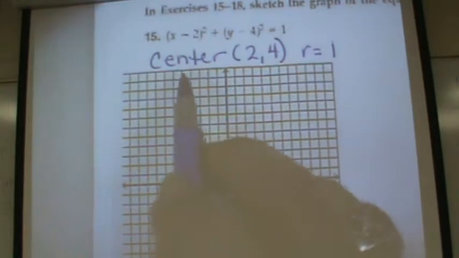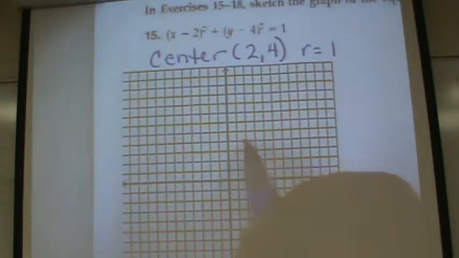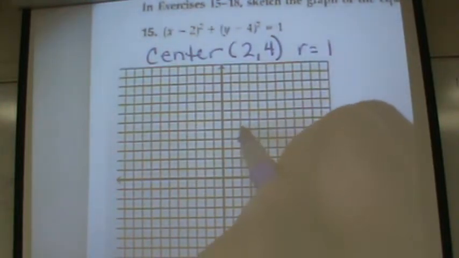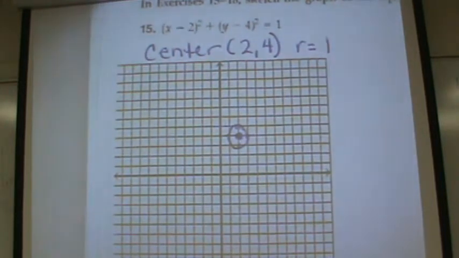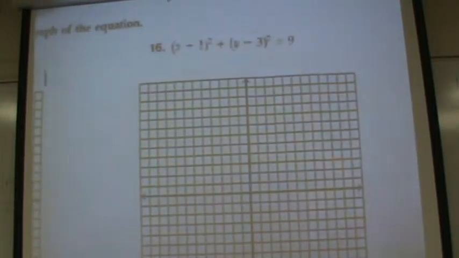So what you're going to do is put a dot at (2, 4). Here's (2, 4) right there. There's your center. Now your radius is 1. You're going to go up 1, north, south, east, and west. Tiny circle. Easy? Number 16. Where's your center?